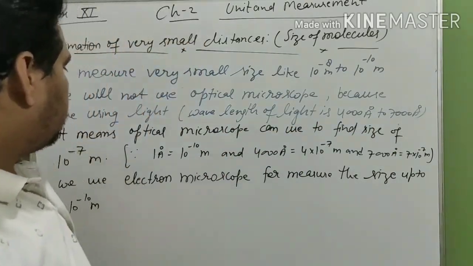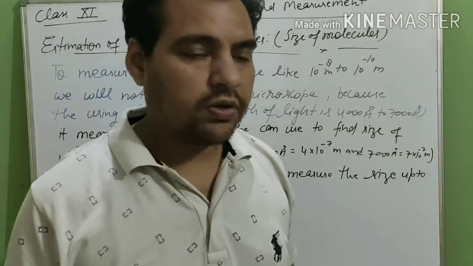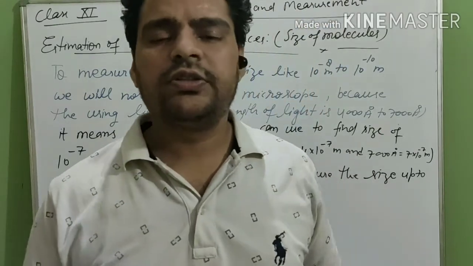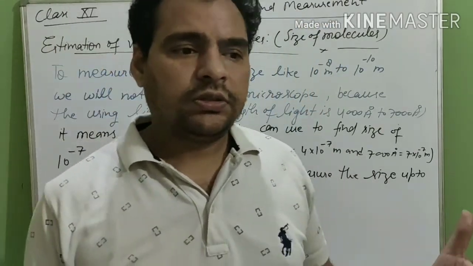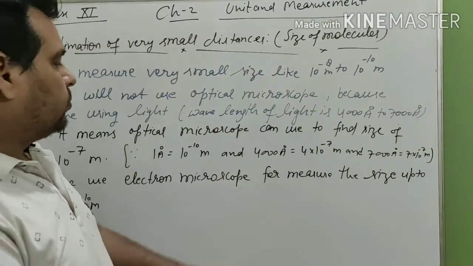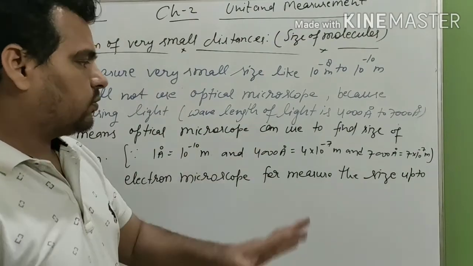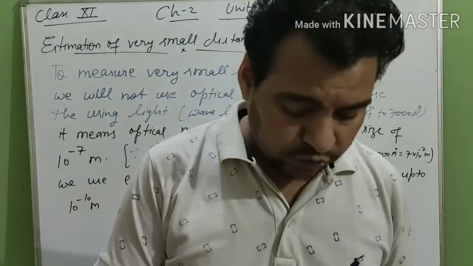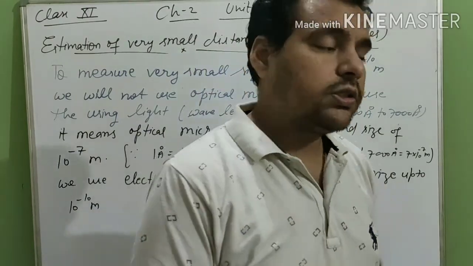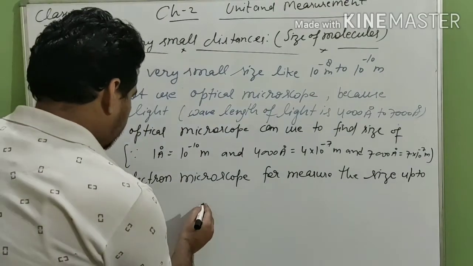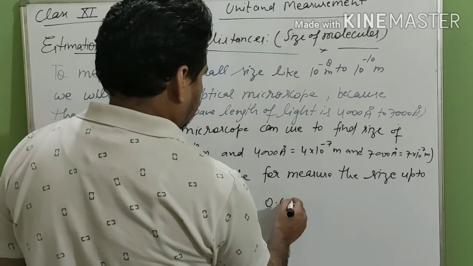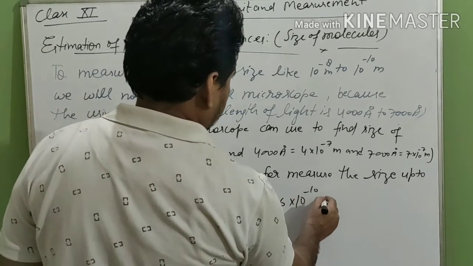So for this we will use the electron microscope, because the electron is also a wave. When an electron is moving, it behaves as a wave. So we can find the size of molecules with the help of the electron microscope, which can find sizes up to 0.6 angstrom, or 0.6 into 10^-10 meter.